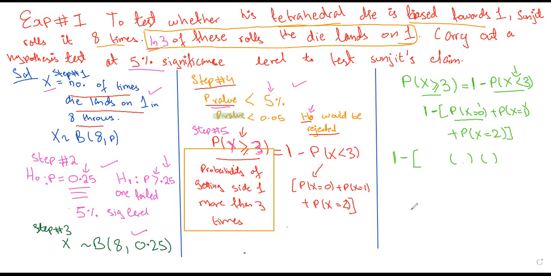Yes, in general we have nCr, and you'll find nCr on the calculator as well. But now it's statistics, so we're talking about x. So n is 8, x is 0, so 8C0, and probability of failure is 0.75 to the power n, that is 8.